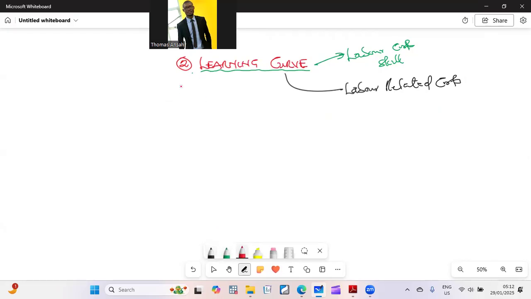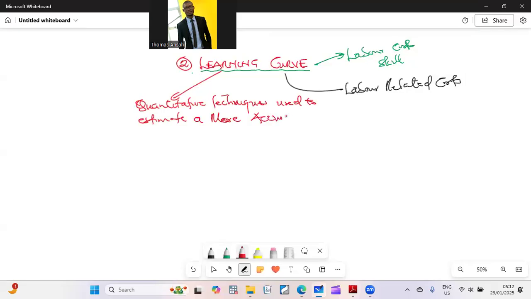So basically, the learning curve is just a quantitative method that is used to estimate more accurate labor-related costs.